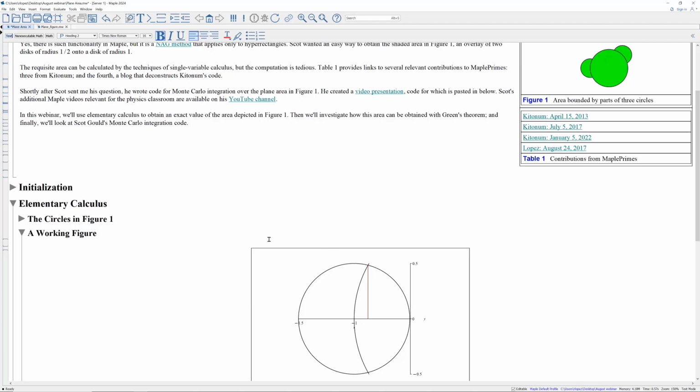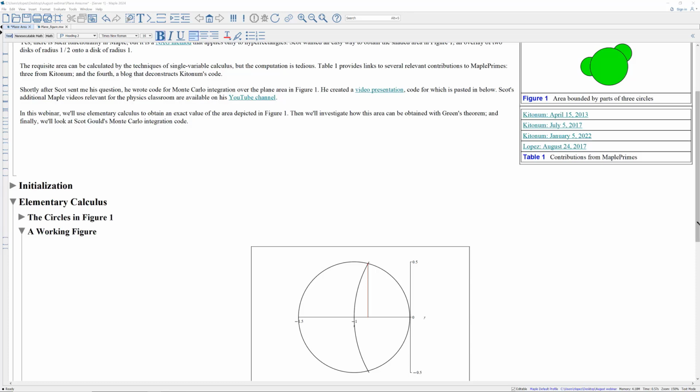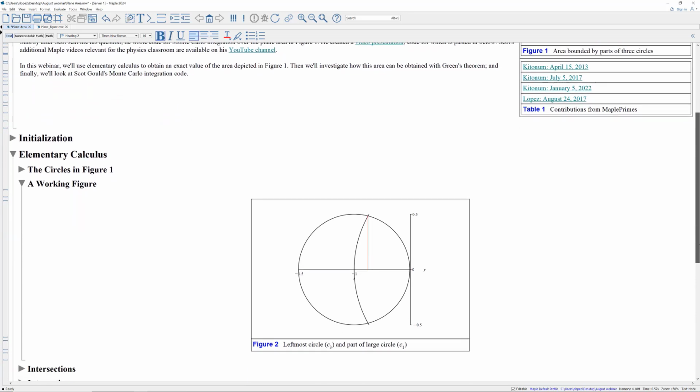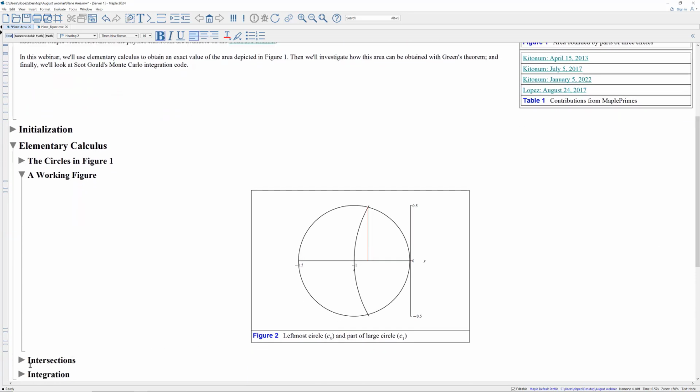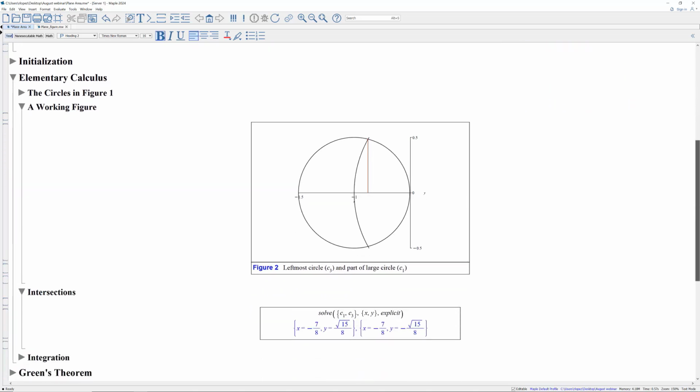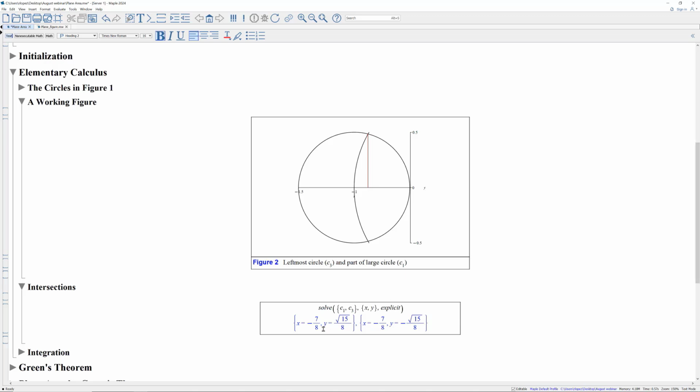So having drawn that figure and said, okay, I have symmetry, I get area here and area here, and then double that because of the symmetry between here and here. That's how I went about working this problem. Well, we need the intersection of these circles. So I do that calculation here. It's a question of a solve command.